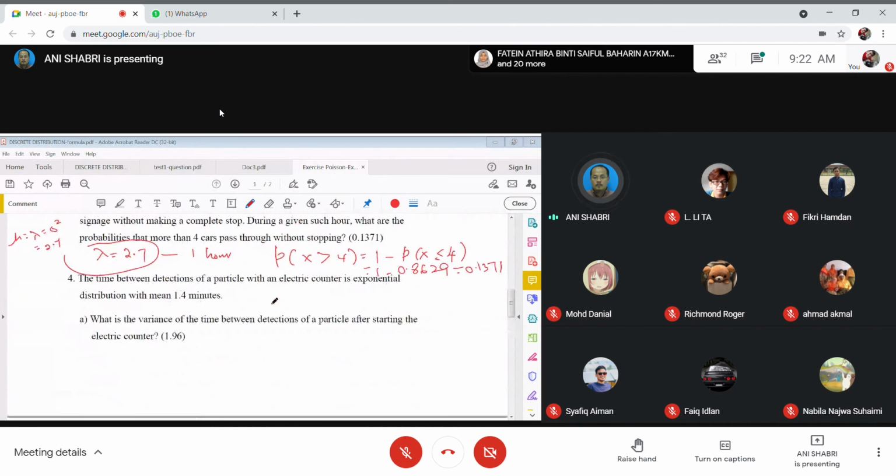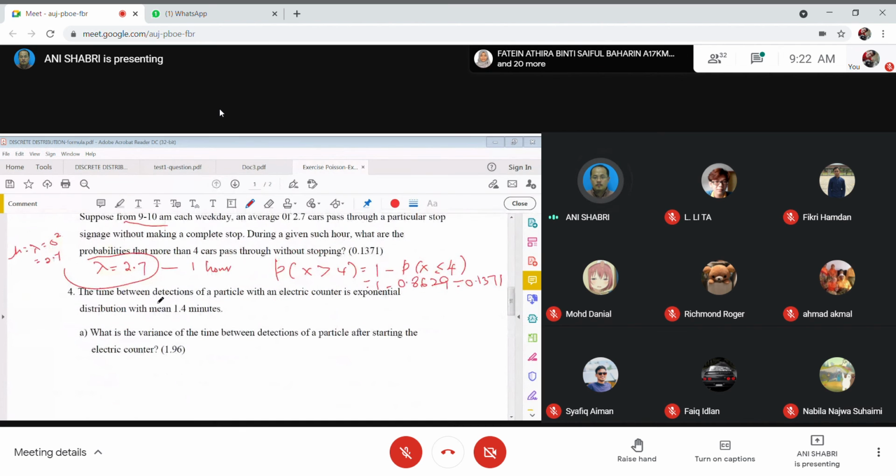Okay, the number 4. The time between detection of a particle with an electrical contact is exponential distribution, which mean 1.4. What is the variance of the time? Okay, dia nak dapatkan variance. Okay, for this one, dah nyatakan it is exponential distribution, which mean 1.4.